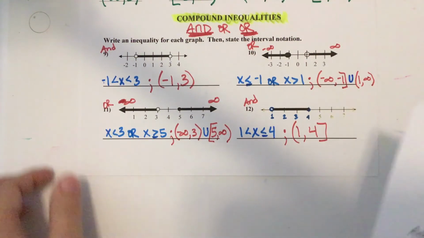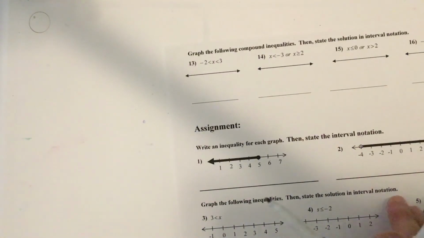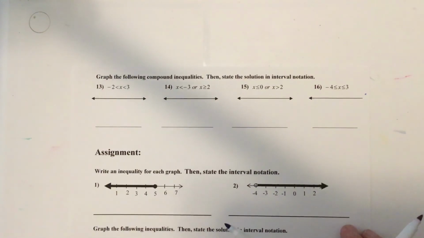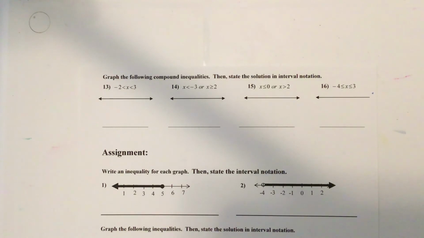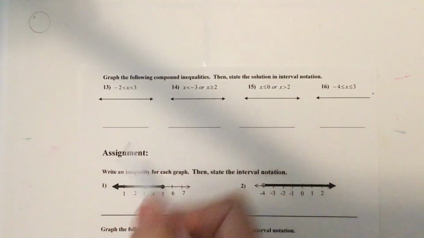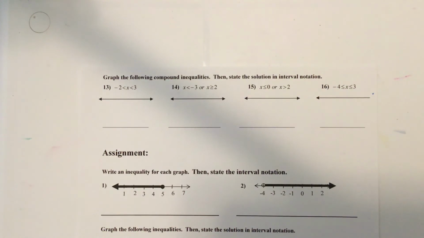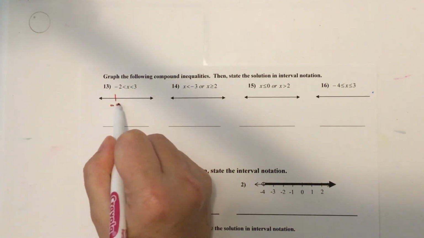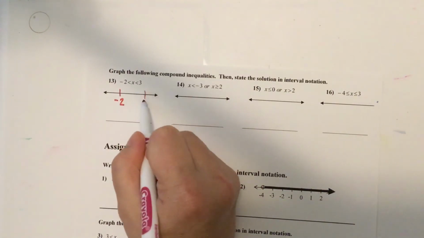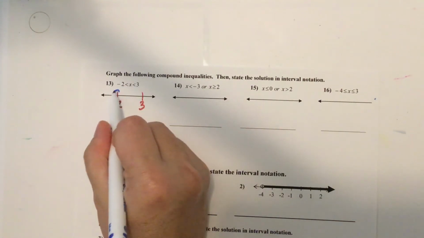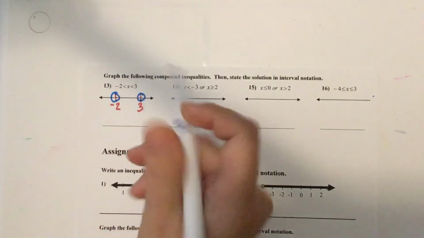Okay, now we're going to try to graph some of our own. So let's look at this here. When it's all smushed together like that, that's an and problem. And that's when the shading is in between, typically. There are some exceptions. So the smaller number goes on the left, the bigger number goes on the right. Because there's no equal signs, they both get open circles.